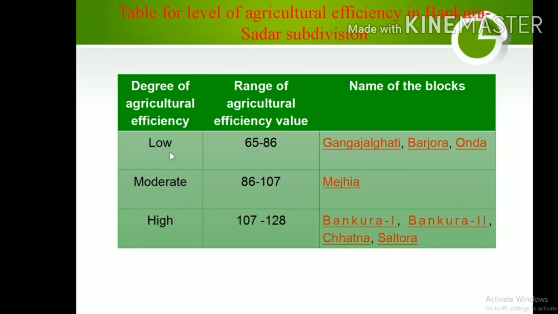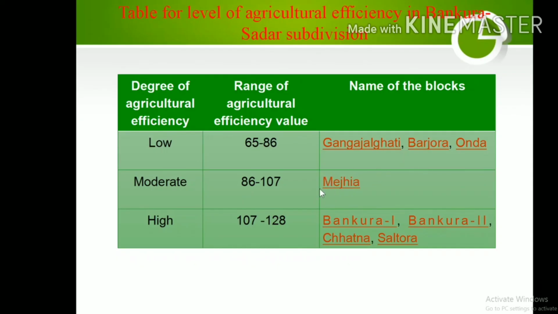that in the low agricultural efficiency category, there are 3 blocks between 65 to 86. These 3 blocks are Gangajal Ghati, Barjora, Onda. In case of moderate agricultural efficiency, the range is 86 to 107.